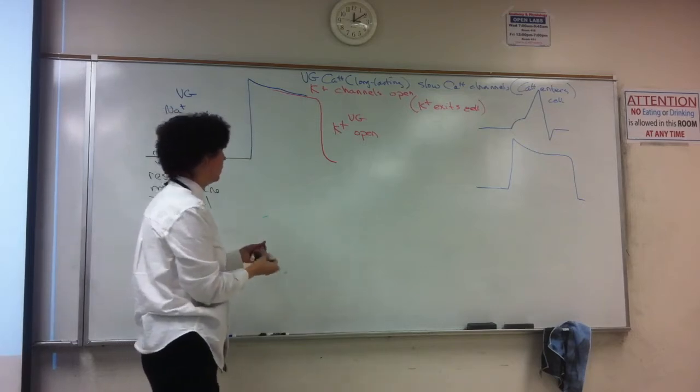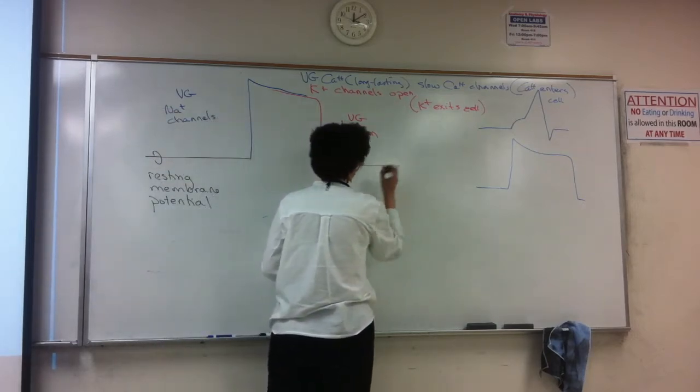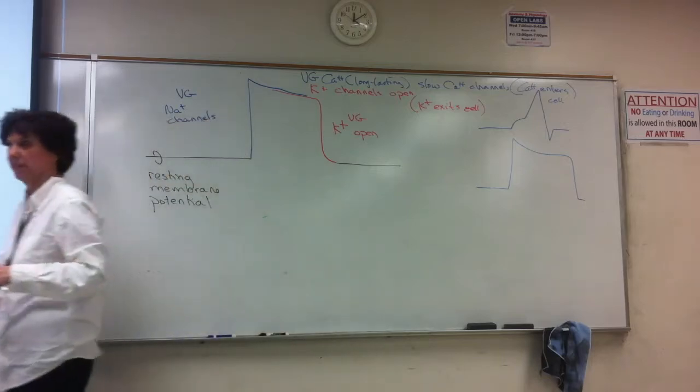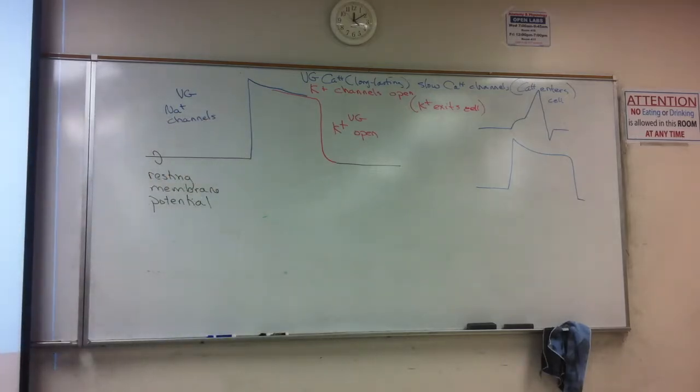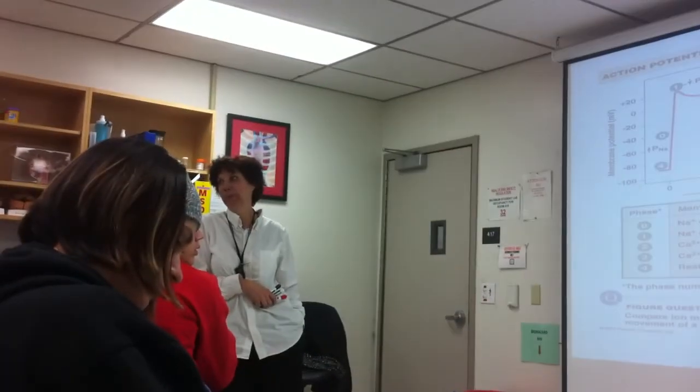And we return back to our resting membrane potential. So the key difference between this and the typical action potential we talked about last semester is the addition of the calcium channels creating the plateau.